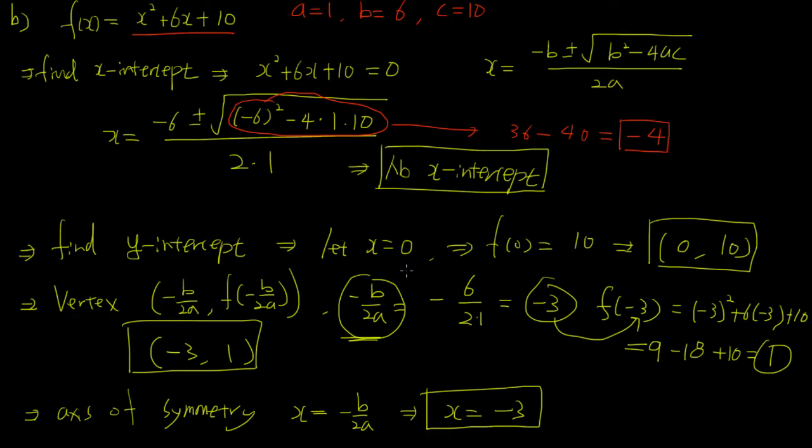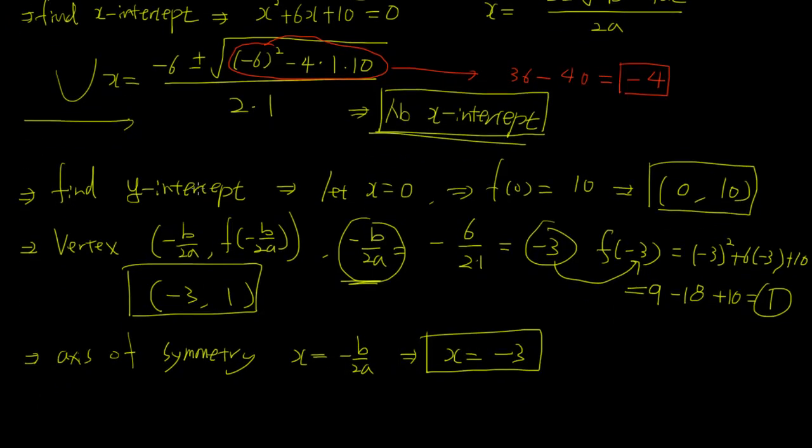So let's try to graph this equation using this information. First of all, we know a is a positive number, which means it's going to be a U-shaped upward graph like that, right? And we know it doesn't have an x-intercept, so if this is the x-axis, it's going to be up in the air like that, right?